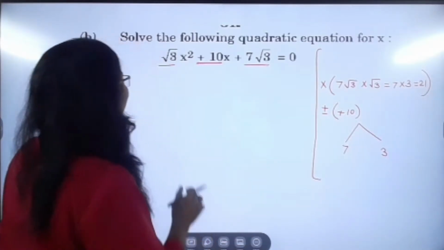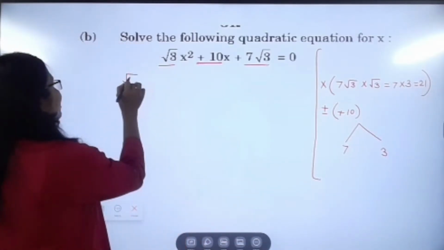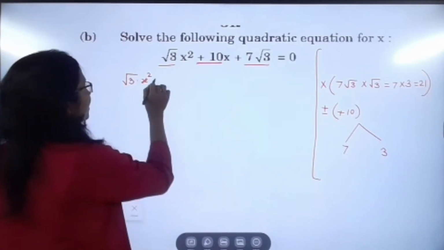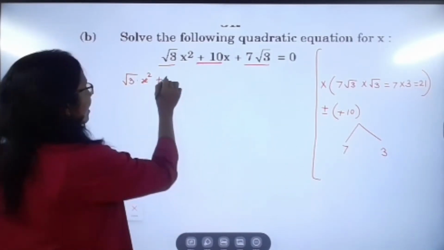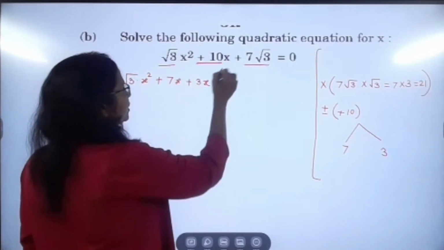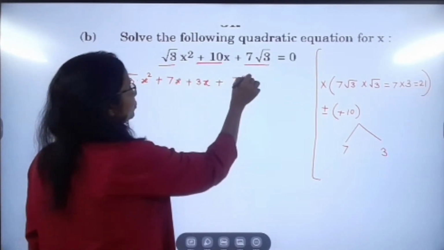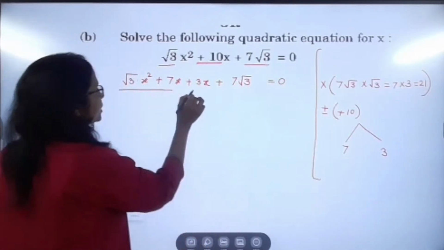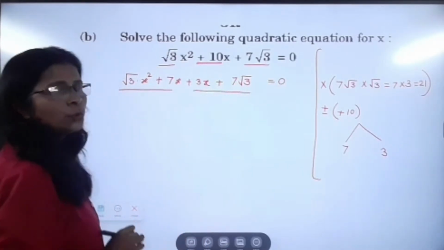Then next, you write down the first term as it is, √3x square. Then input here 7x plus 3x and write down the third term as it is, 7√3 is equal to 0. Then here make two groups with the two terms.